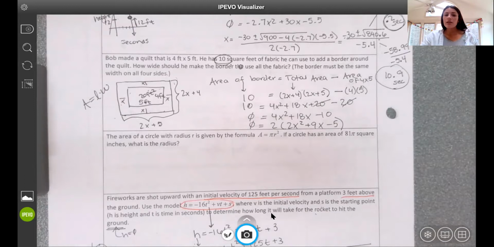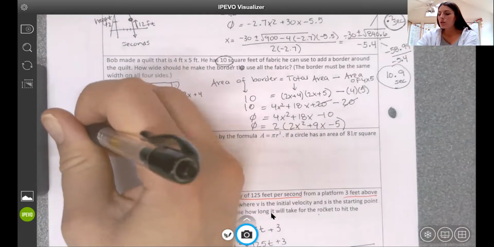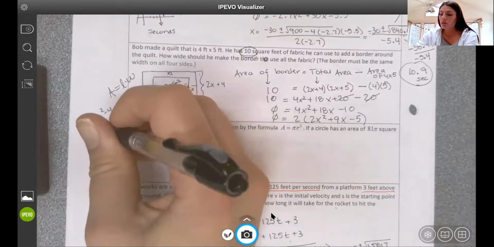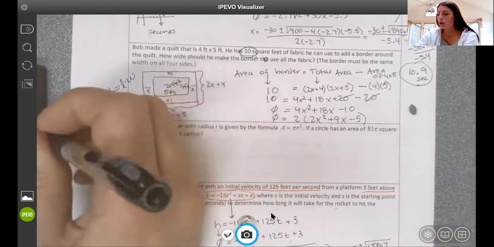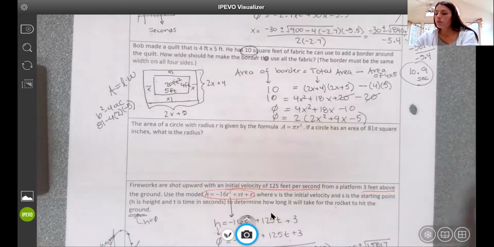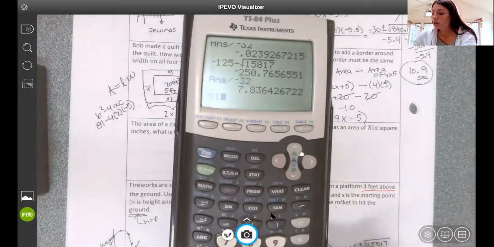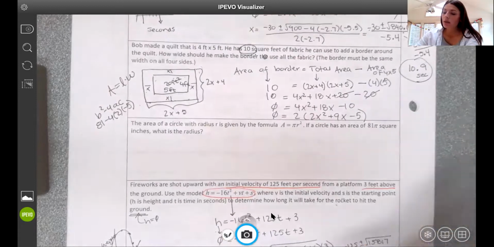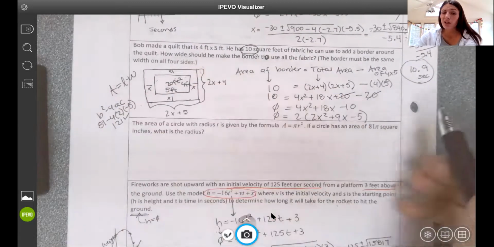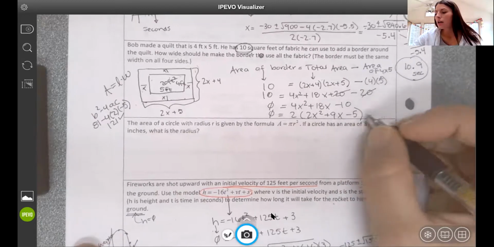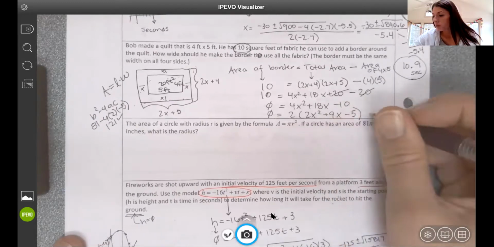We can check that using b squared minus 4ac. b squared gives me 81 minus 4 times a times c, which I can type into my calculator, giving me 121. So yay, we can factor this. Or you could have just tried to factor and see if it works.